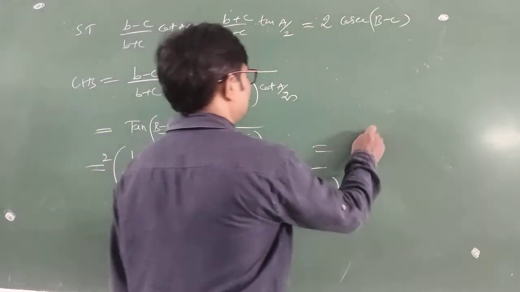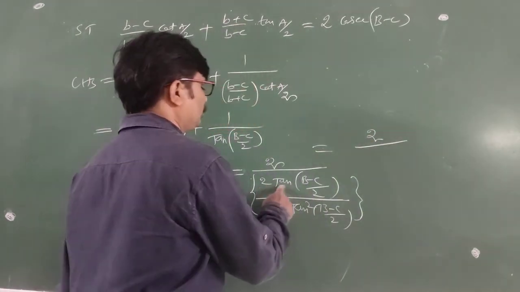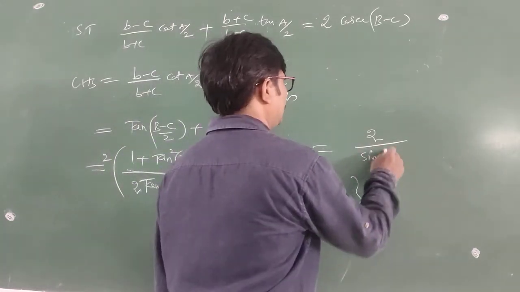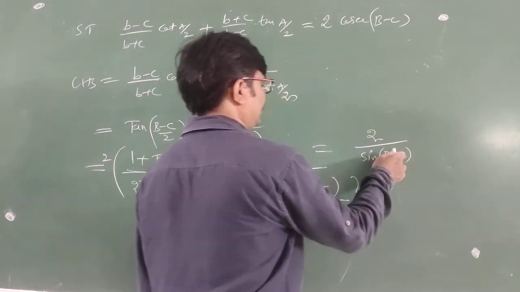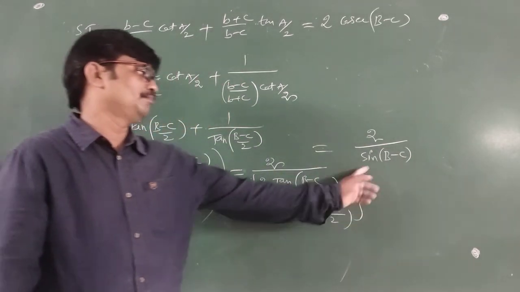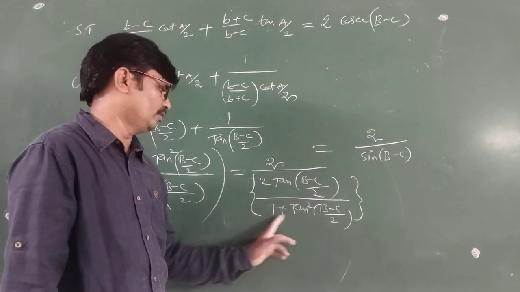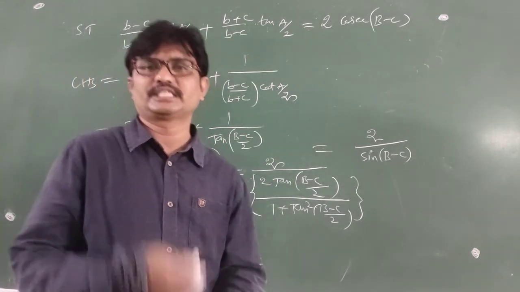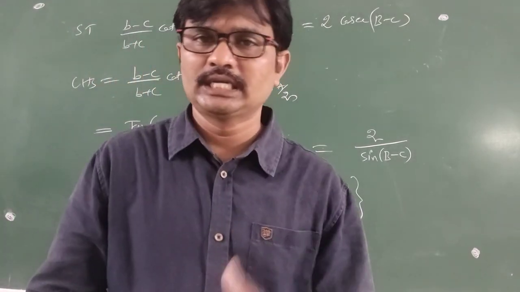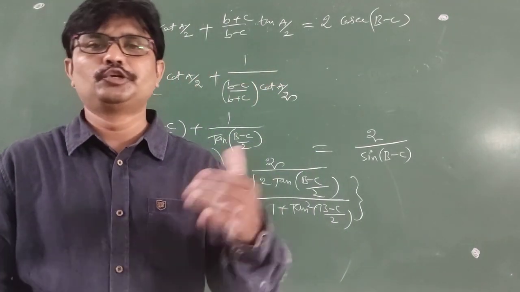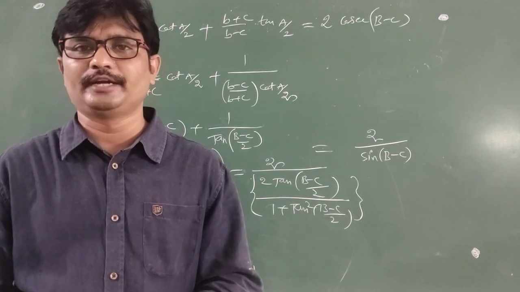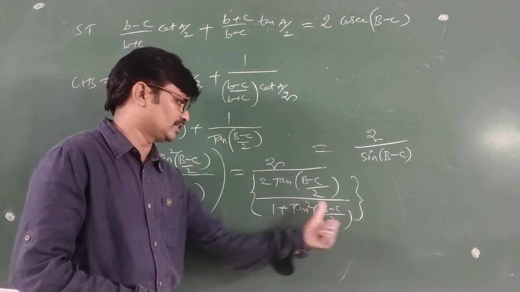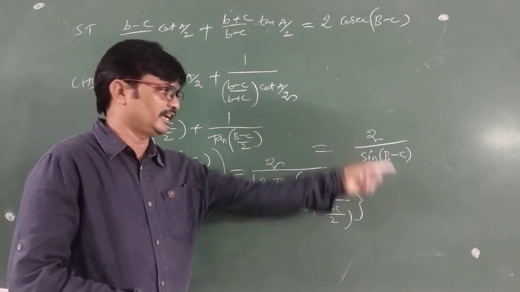So students, 2 tan B minus C by 2 by 1 plus tan square B minus C by 2 is the sin of B minus C. From the submultiple angles, sin A in terms of tan is 2 tan A by 2 by 1 plus tan square A by 2, where A is B minus C. So 2 tan B minus C by 2 by 1 plus tan square B minus C by 2 is sin of B minus C.